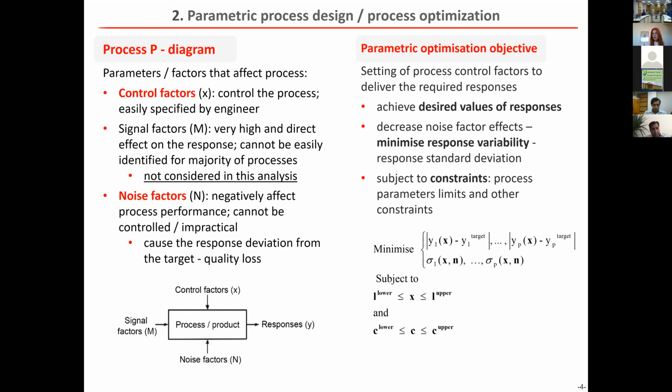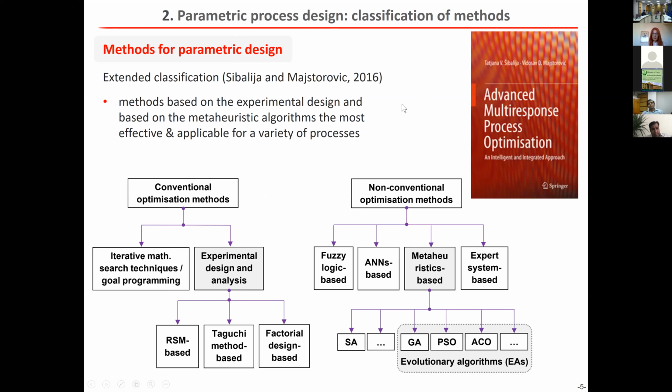Because let's assume we have a process that delivers several thousand products every day. We want the mean value of the product characteristic to be as close as possible to the target and to reduce the overall variability. And obviously there are typically several constraints, limits, etc.